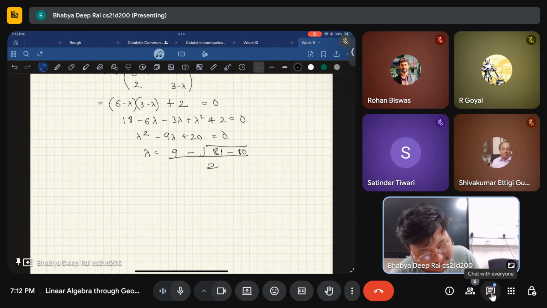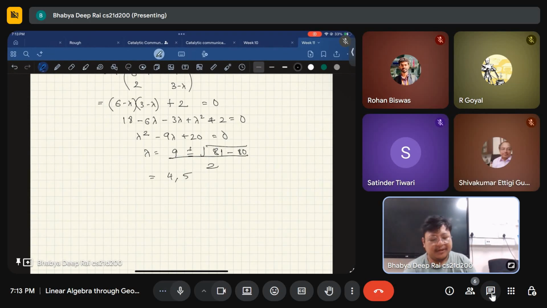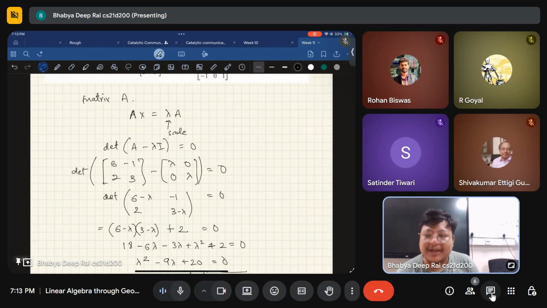So it is 9 minus 1 divided by 2, which is 4, or 9 plus 1 divided by 2, which is 5. Is that what you wrote? 5 and 4. So it means that there are two possible eigenvalues for this.